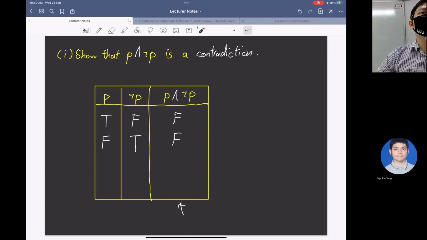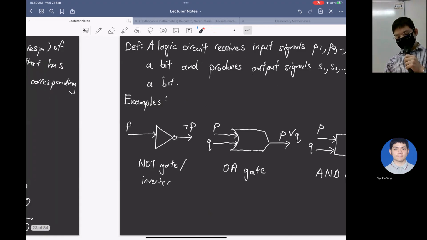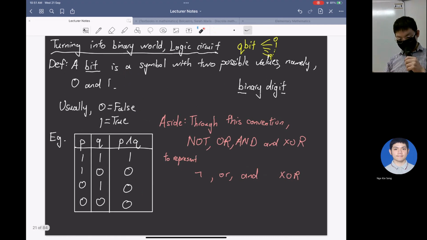Oh, when do you use the 1-0? So true and false are usually used for propositional logic, like statement logic. But 0 and 1 sometimes is used in a different language we call Boolean algebra. The reason for not encouraging using 0 and 1 in this class is that there might be a different convention saying that 0 is true, 1 is false.